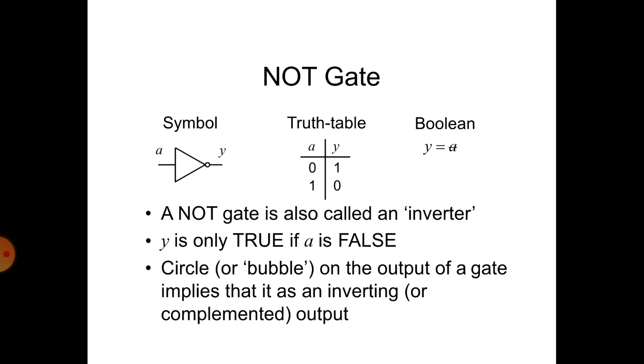The NOT gate is also called an inverter. Y is only true if A is false. A circle or bubble on the output of the gate implies an inverting, or complemented, output.